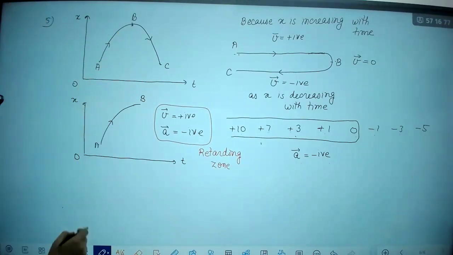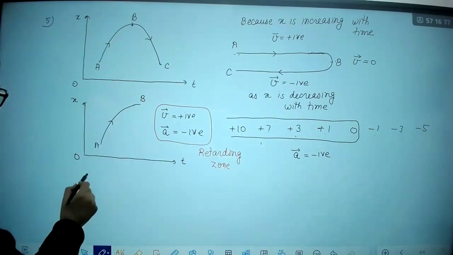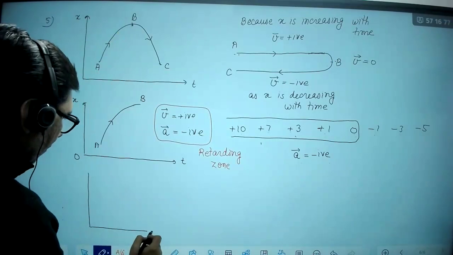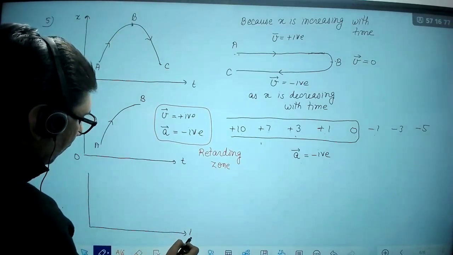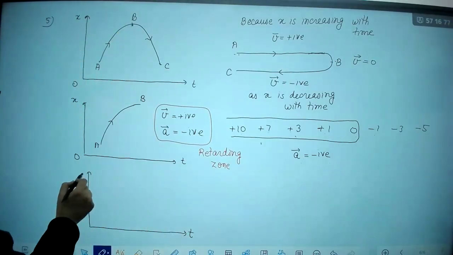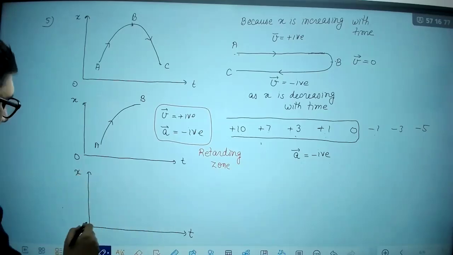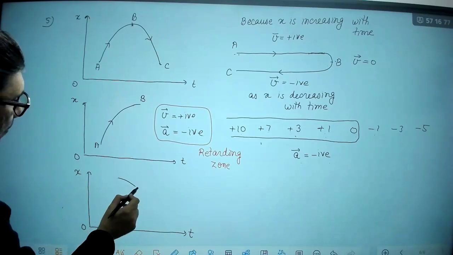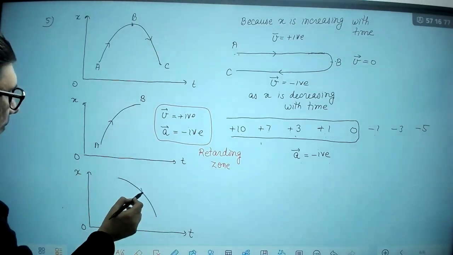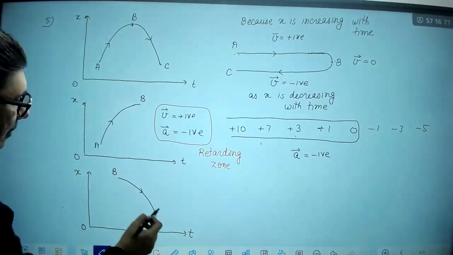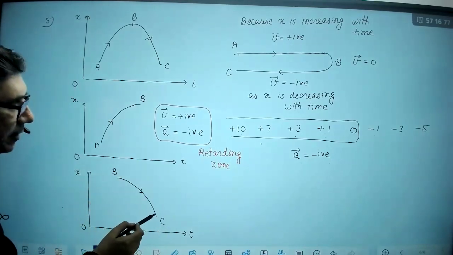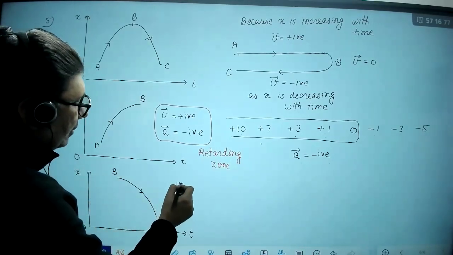From B to C, this is x, this is t, 0, and this is B to C. What you are observing is x is decreasing with time, so velocity is negative.